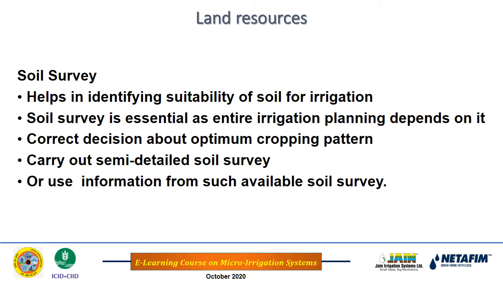Soil survey helps in identifying suitability of soil for irrigation. Soil survey is essential as the entire irrigation planning depends upon it. Soil survey is basically surveying the characteristics of soil, as to what kind of soil is there, what kind of crops it can support, and what kind of water retention capacities and other things are there.